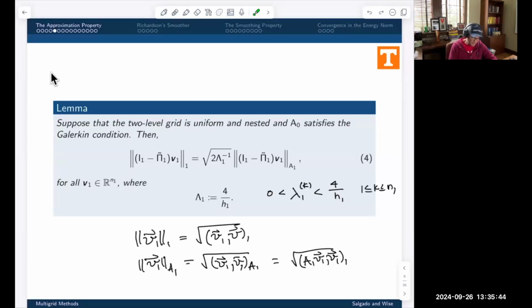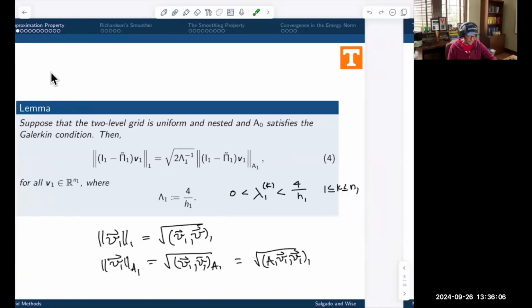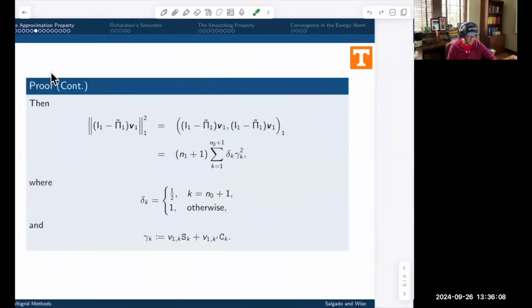And it's saying that the Euclidean norm is related to the energy norm through this coefficient. This coefficient is going to be important for us in a little bit. I haven't really thought about a good explanation of why this is important at the moment, but we're going to see where we use this in the next result.